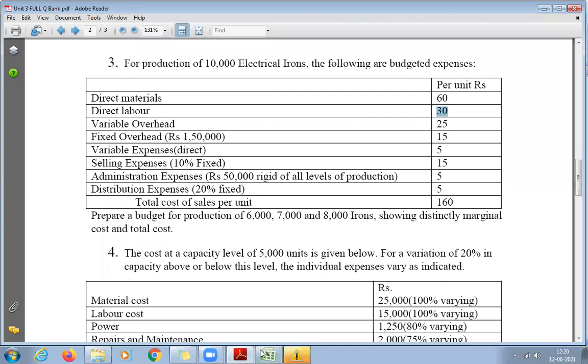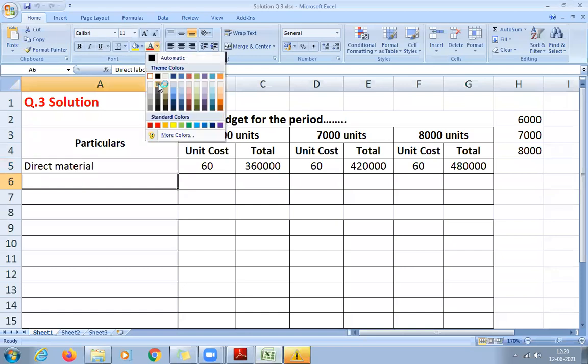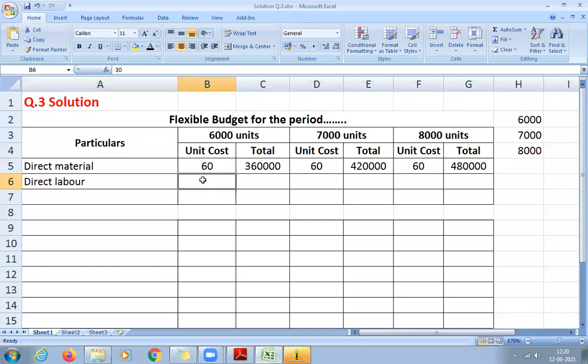So first you write direct labor, and then write in all the unit columns 30 rupees, 30 rupees and 30 rupees. Got it? Because variable cost per unit will be constant. Now you multiply with the respective output. 30 into 6,000, how much will you get? 1,80,000.